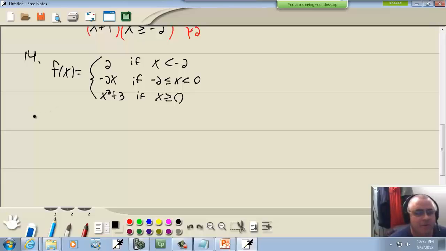Okay, first thing I'm going to do is graph each piece separately. So look at y is equal to 2, y is equal to negative 2x, and y is equal to x squared plus 3.